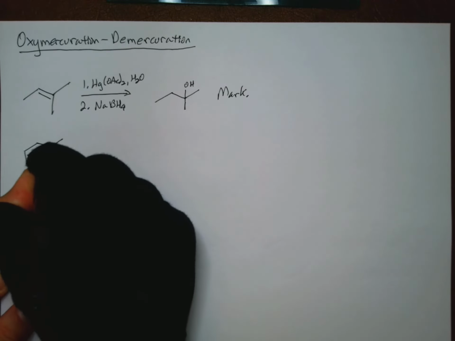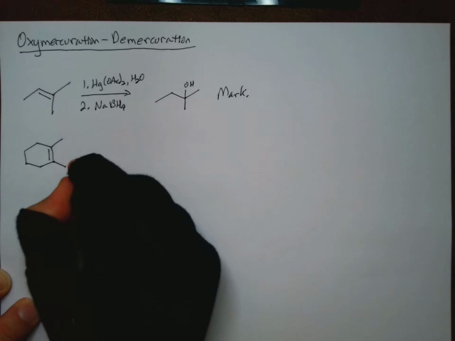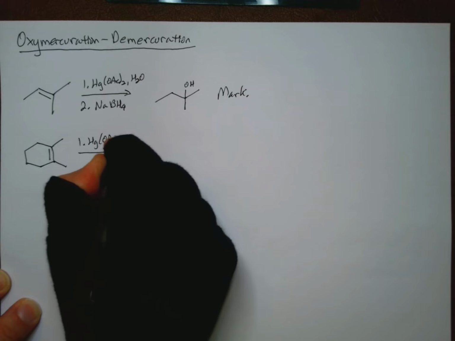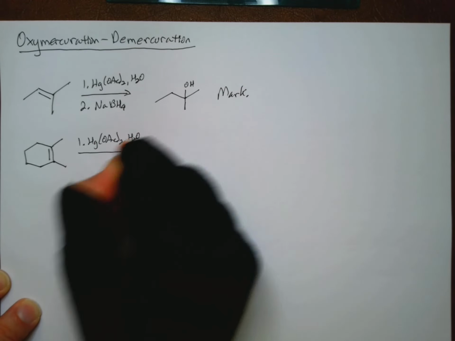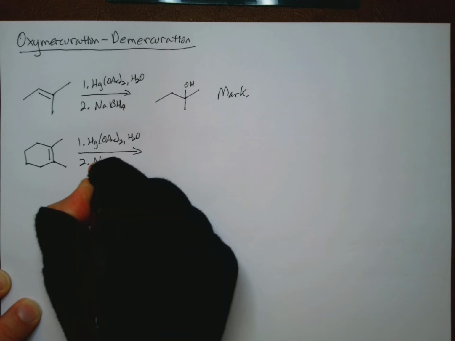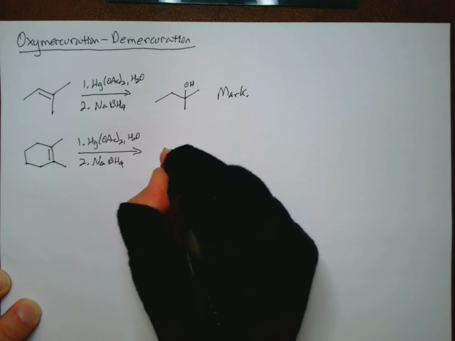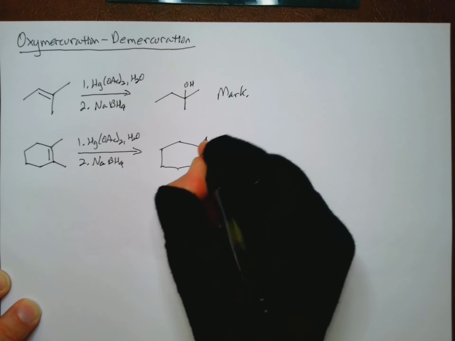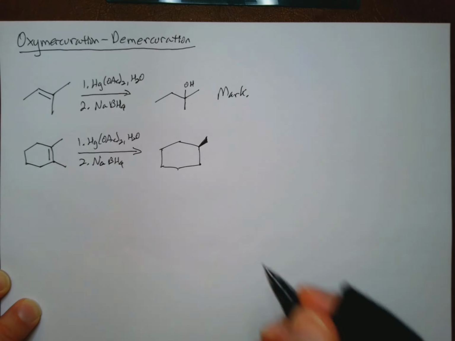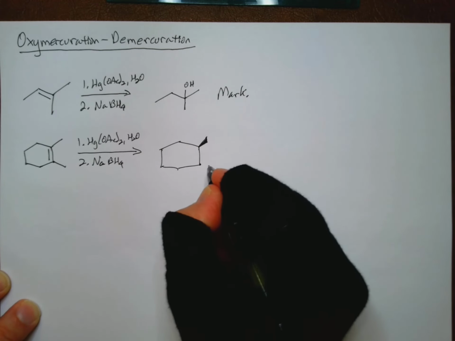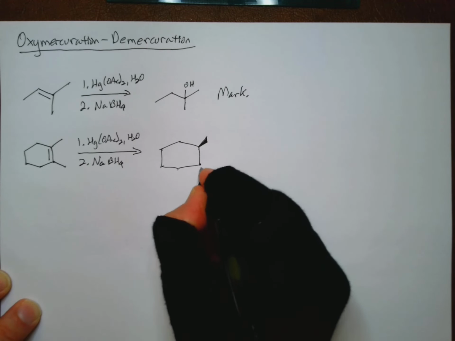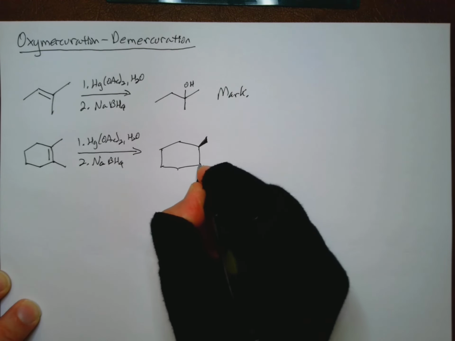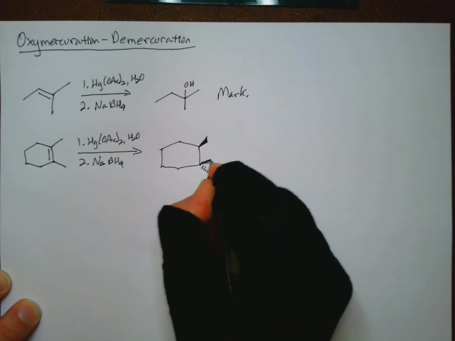So if, for example, I have the following and I treat this with HgOAc2, H2O followed by NaBH4, I will get, let's see here, I'll have that, and then I'll have my OH here.